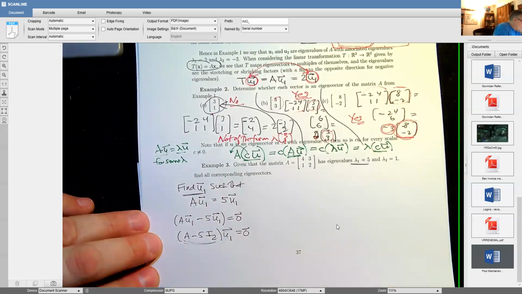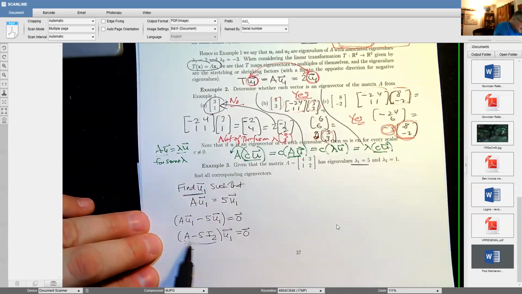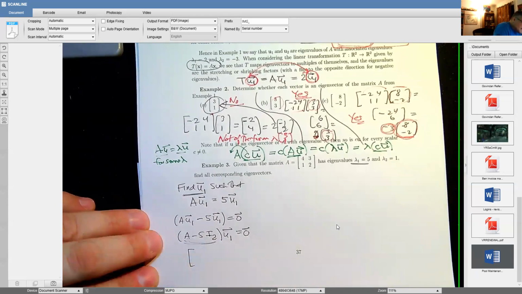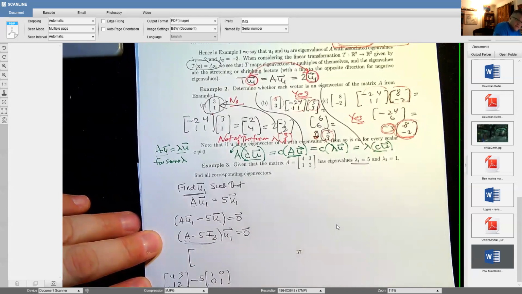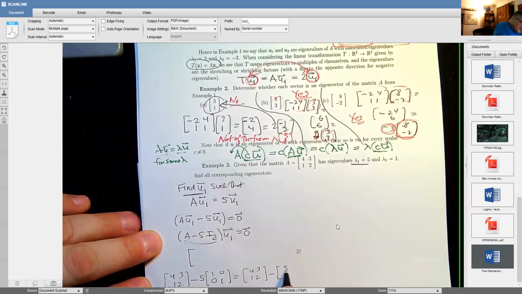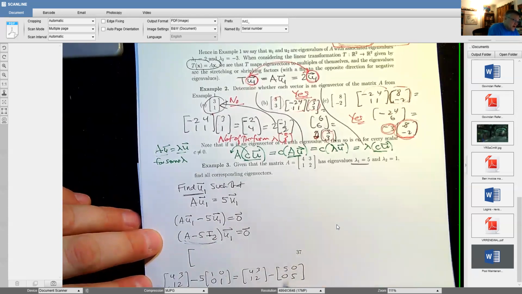So here, all I'm going to do is compute A minus lambda, or 5 times I2. Let's actually compute that. Here's 4, 3, 1, 2 minus 5 times the identity, right? But remember, I can pull in that 5 on all the entries, but the only ones it's going to change are the diagonal because you're multiplying the other guys by 0.